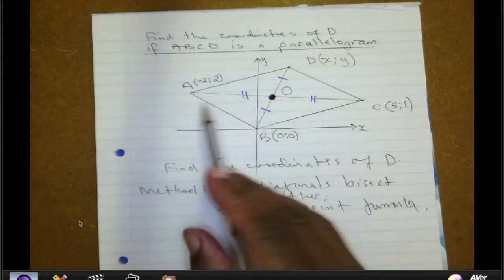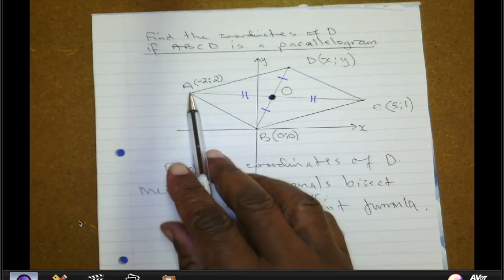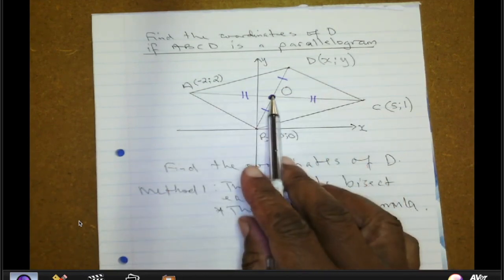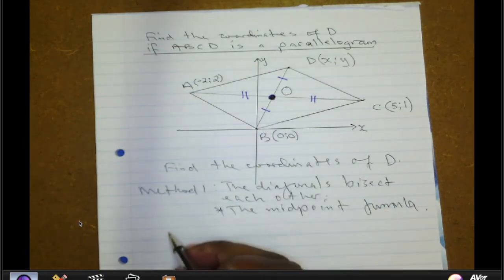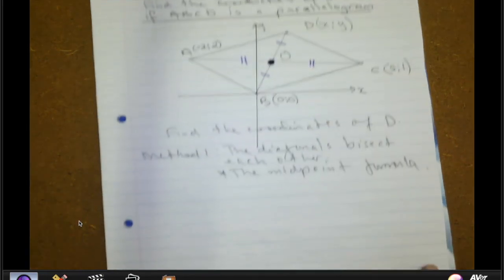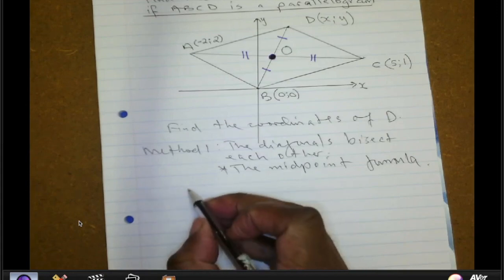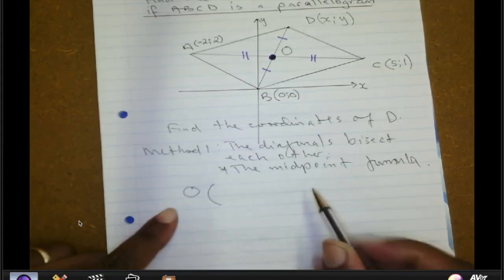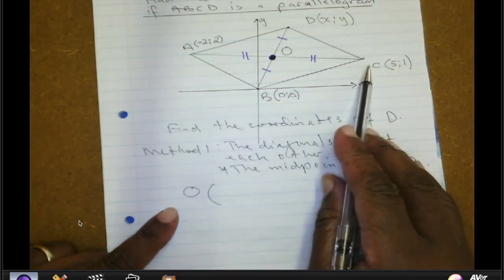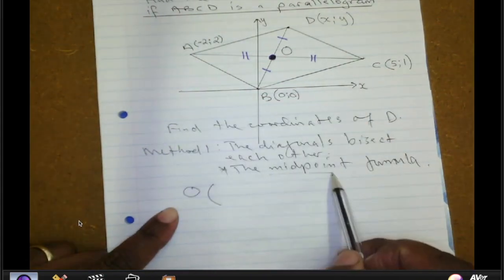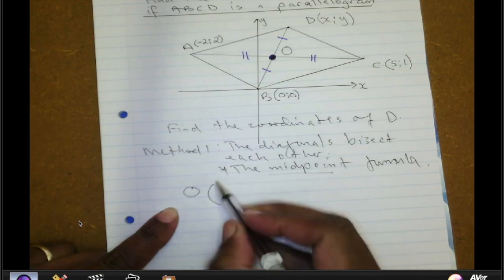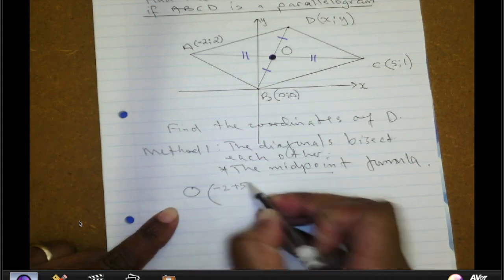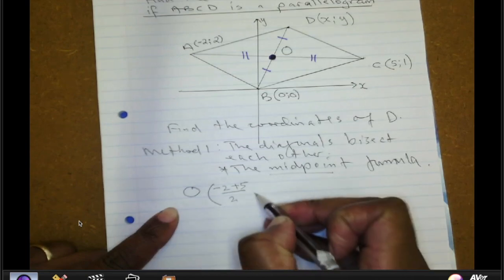We can use point A and point C to determine the coordinates of O. So let's find O first. To get O, we need to take the coordinates of A and C and use the midpoint formula. So we get negative 2 plus 5 divided by 2. That will give us the x coordinate.